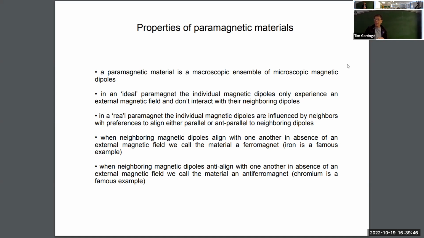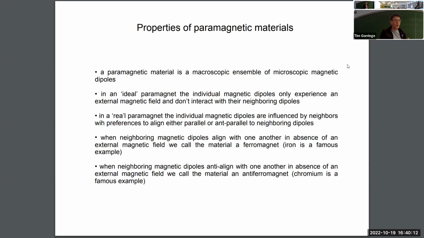There's actually another case, you probably know this, of paramagnetic materials that we call antiferromagnets. Those are also materials where there's a strong interaction between the neighboring atomic magnetic dipoles. But in that case, the interaction is such that neighbors tend to anti-align with one another.